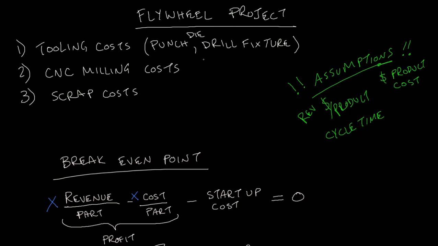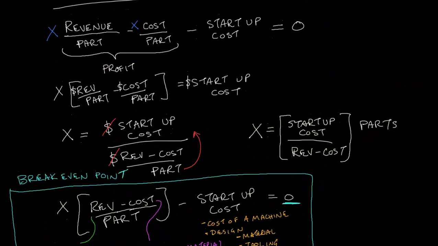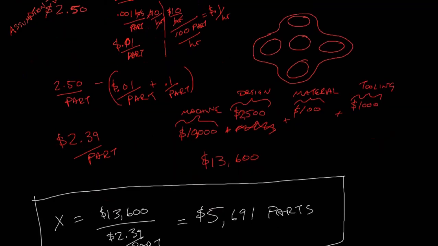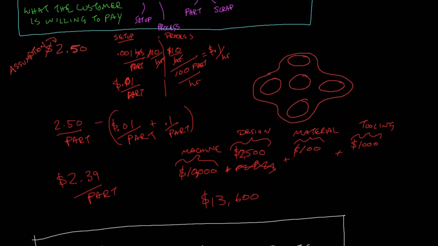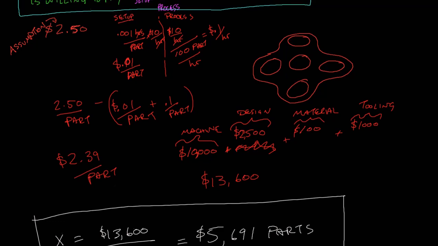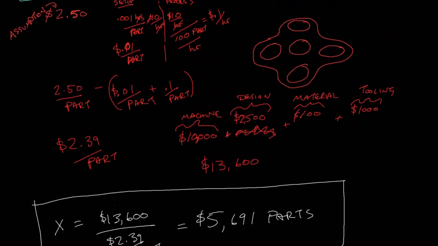Now the CNC milling costs, you need to factor in your setup costs and your process costs, and your hourly rate and things like that. So use these formulas here. Maybe they weren't in the forefront as much as possible, so I can just break those out for you right now.